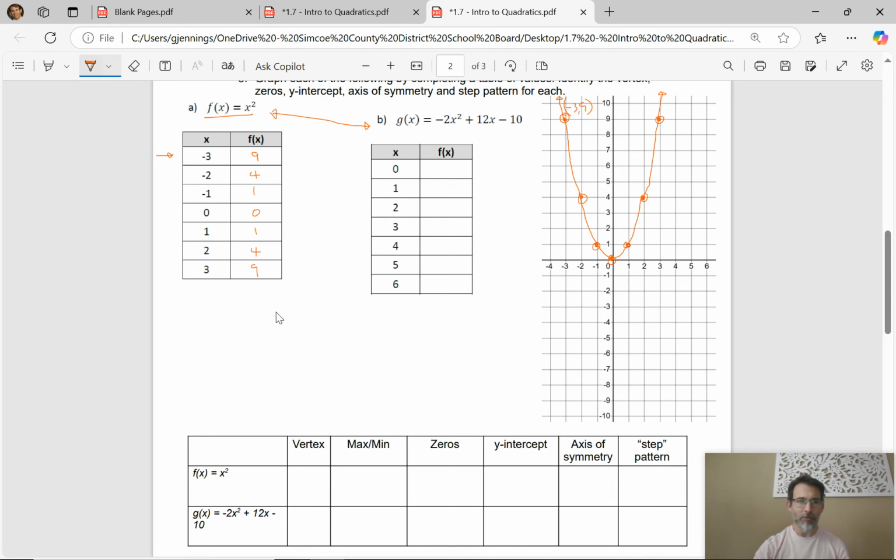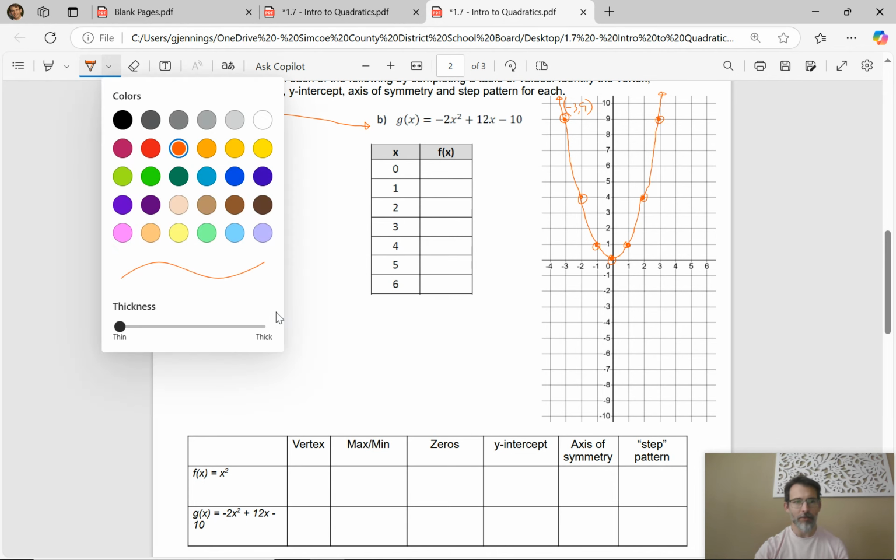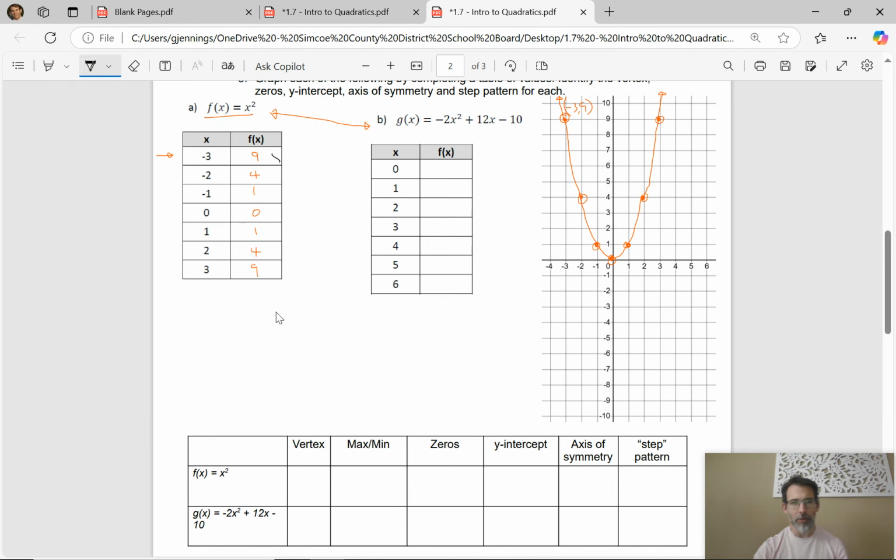All right. If we do some analysis on this, we're going to go back to our color scheme here. That got smaller by 5, smaller by 3, smaller by 1, bigger by 1, bigger by 3, bigger by 5. When people talk about the step pattern of these, they're usually talking about these numbers. Like, as we leave the vertex, what happens to the parabola?